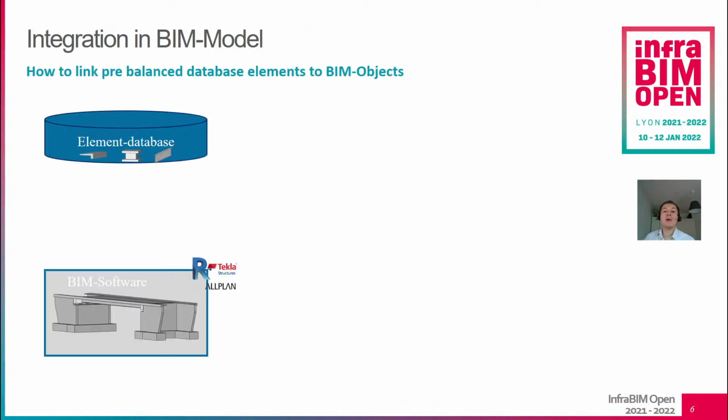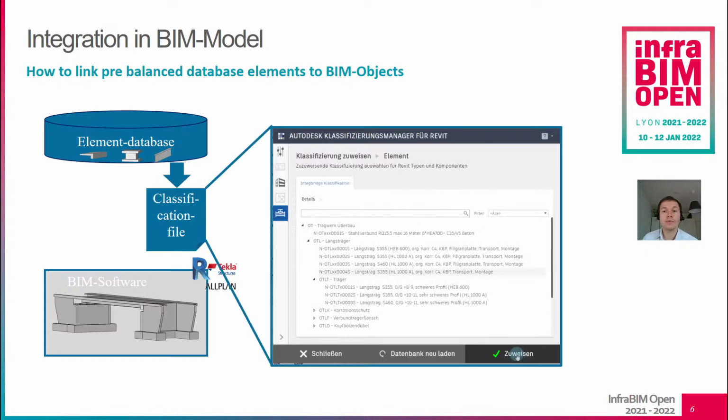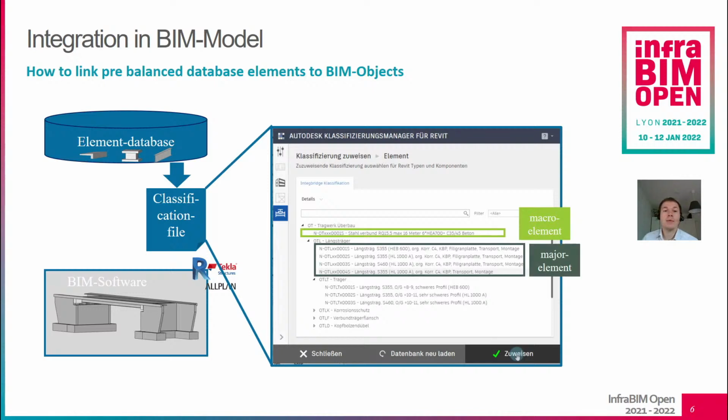So now the question is, how do we get the required information from our pre-balanced database into the BIM model? And therefore a classification file containing all components can be created from the element database, in which all pre-balanced objects are stored. The classification file contains elements on different levels, for example macro elements and major elements, as well as base elements.